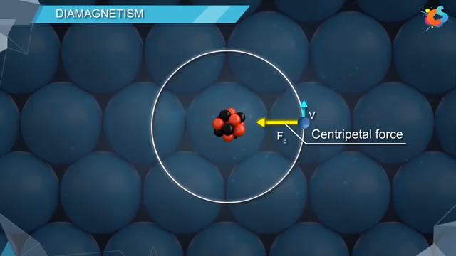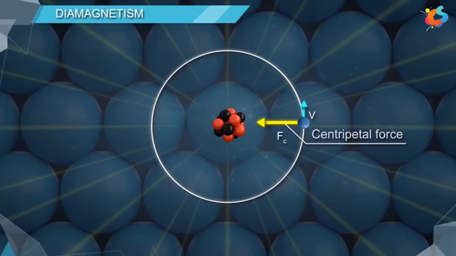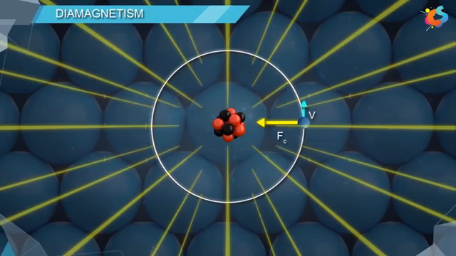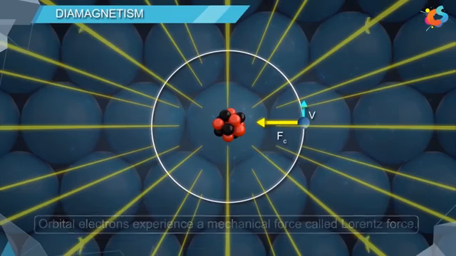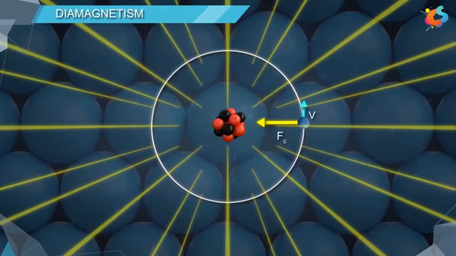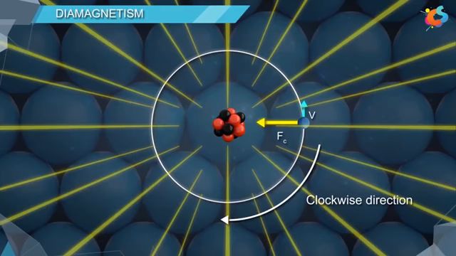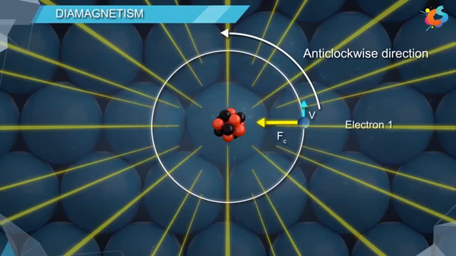When the diamagnetic material is placed in an external magnetic field, each of the orbital electrons experiences a mechanical force called Lorentz force. The direction of the Lorentz force depends upon whether the electron is moving in a clockwise or anti-clockwise direction. If the electron is moving in an anti-clockwise direction, the Lorentz force acting on the electron will be in a radially outward direction.